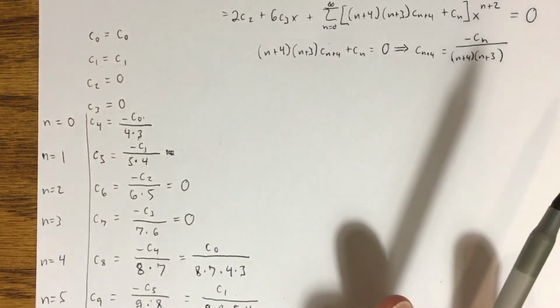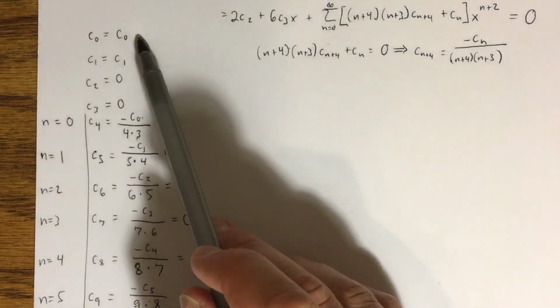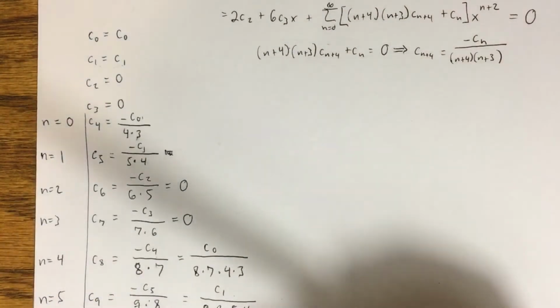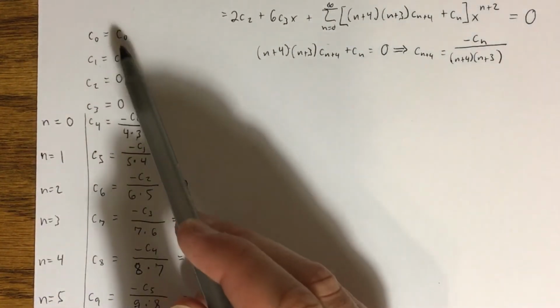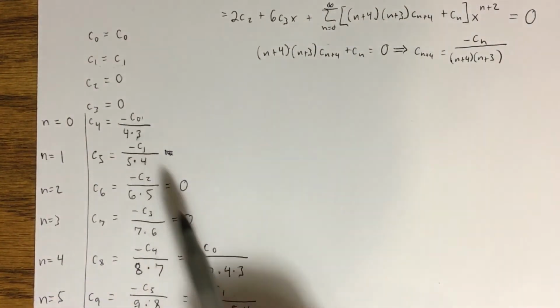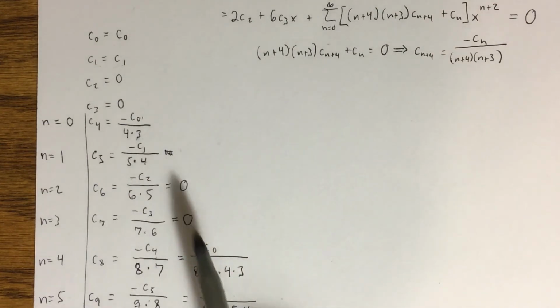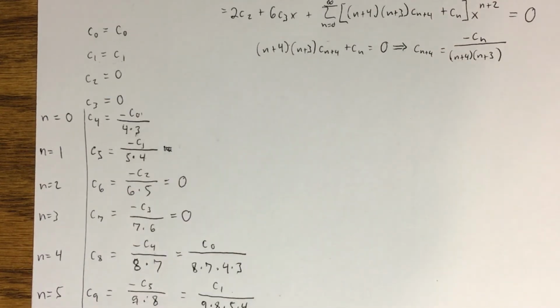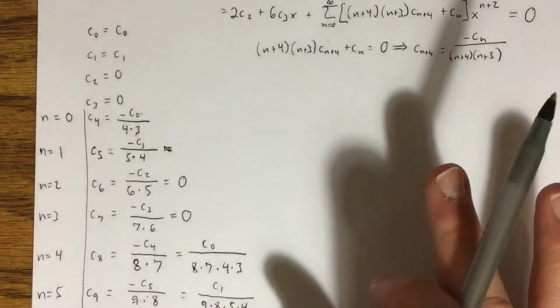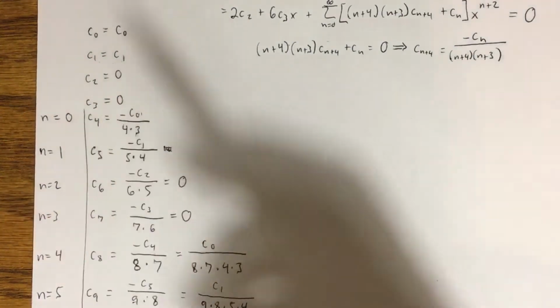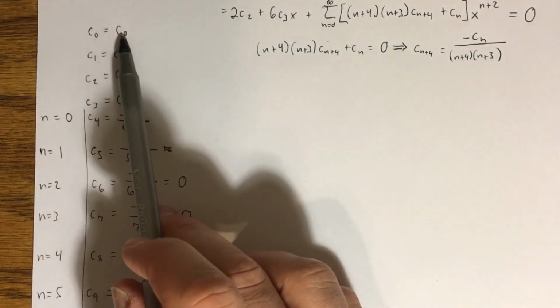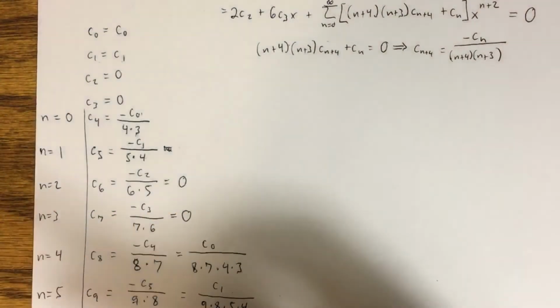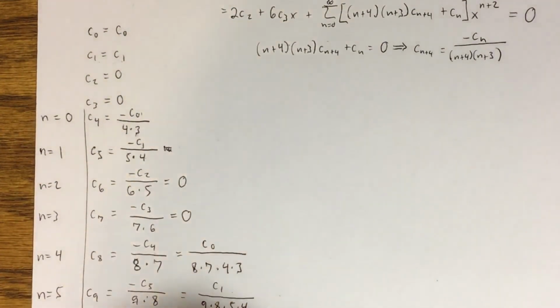But not only that, if you look at the unknowns that are left, C0 and C1, those are the only unknowns left in the whole thing. C0 and C1 appear in a recurring sort of pattern here. What I'm going to do is get these two solutions by thinking of the fact that C0 and C1 are parameters, which means I can assign any value that I want to those.